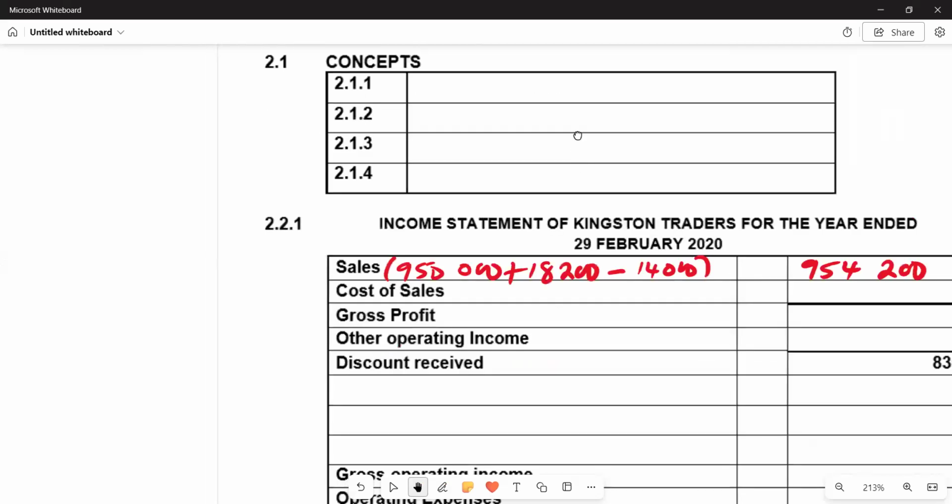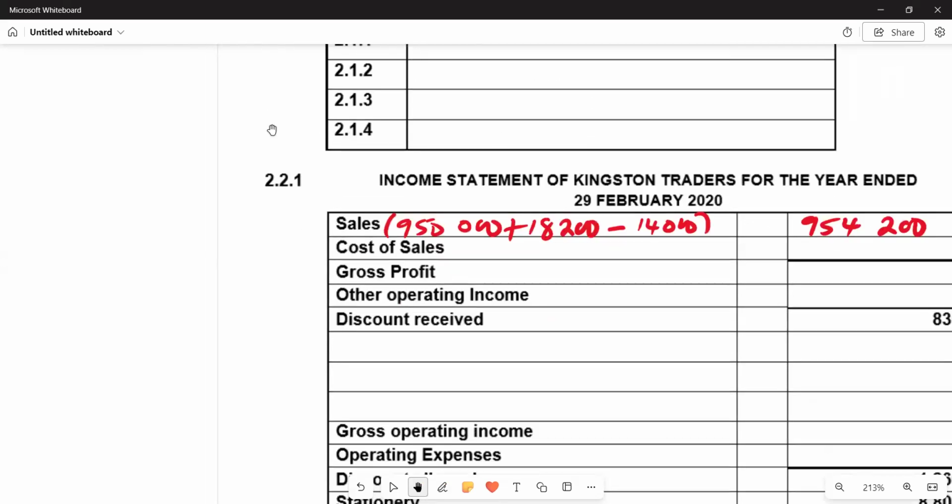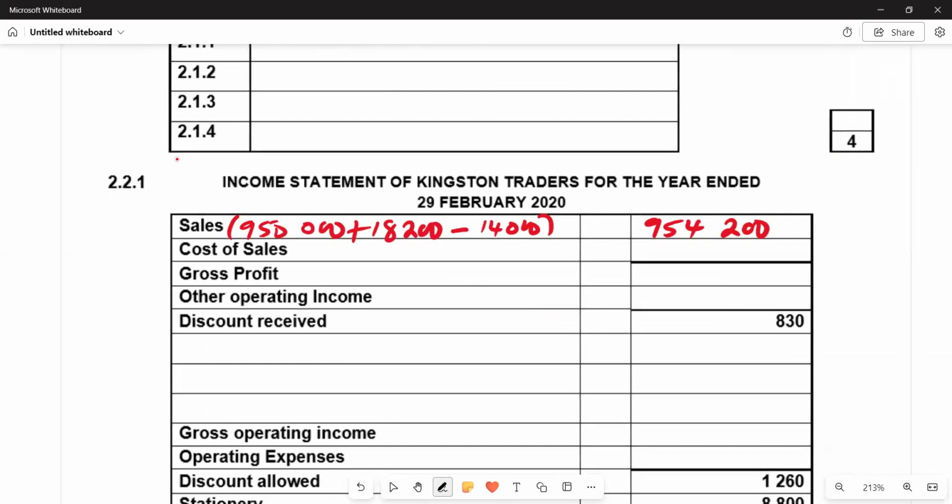So here we say in brackets 400,000, then we add our 13,000 and we get 413,000. So this is what we have.